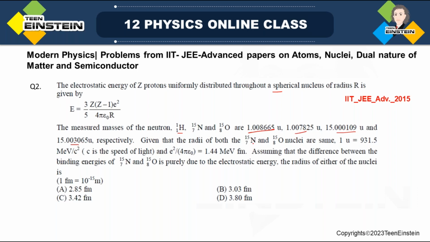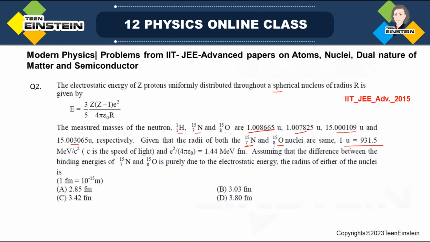Given that the radii of both the nitrogen and oxygen isotopes are the same. So they both have the same radius. That is the assumption we need to make here according to the question.